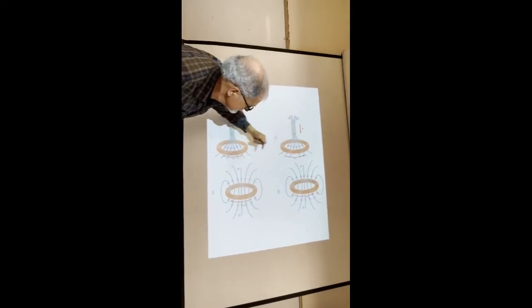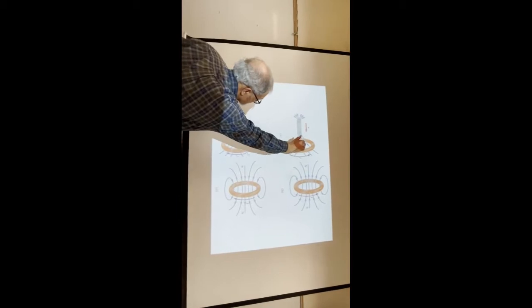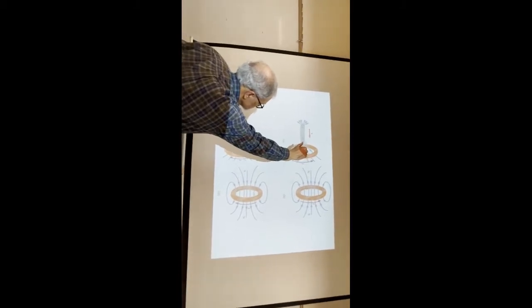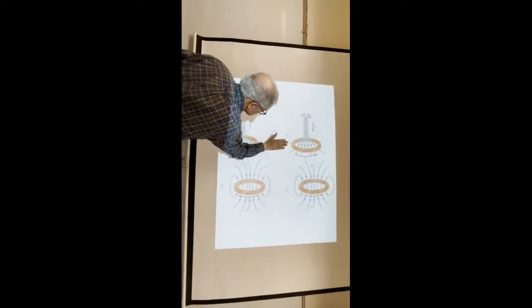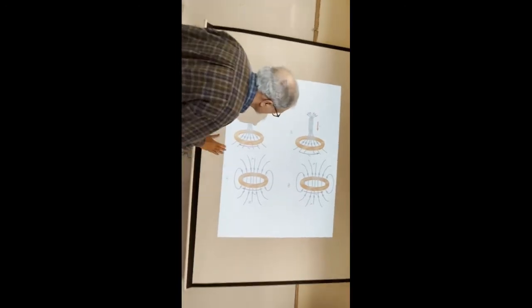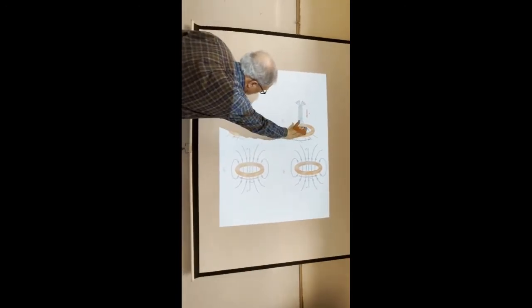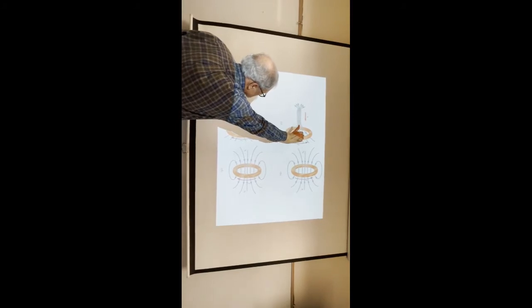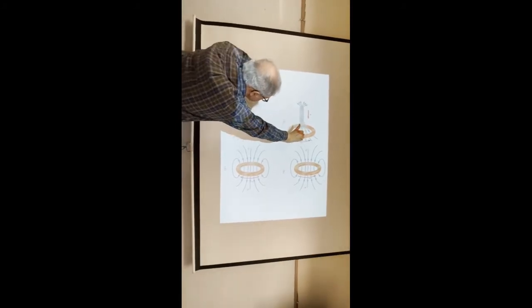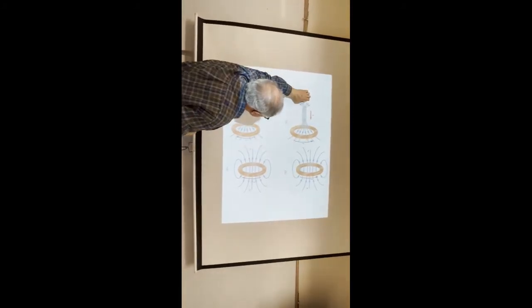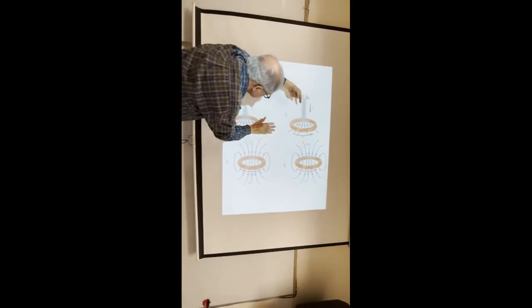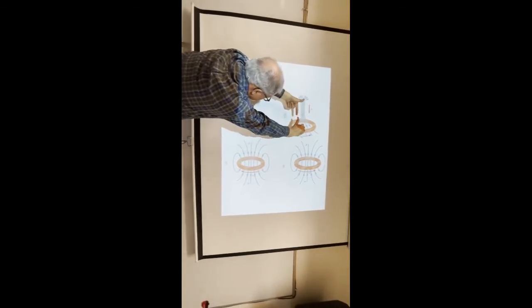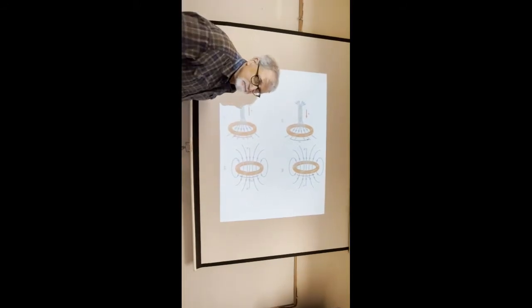So as the B increases, the current goes this way. What direction is my thumb pointing? To the left. So you're getting more field in this direction, and it makes a magnetic field that tries to oppose that.